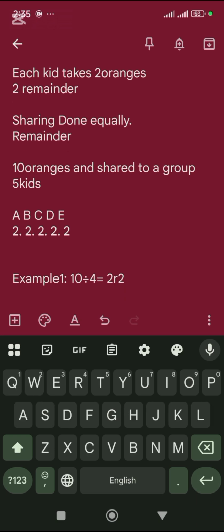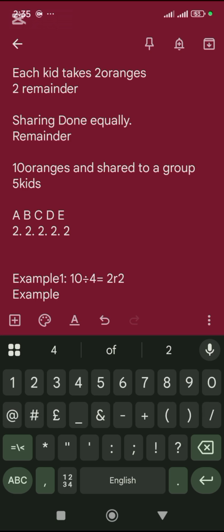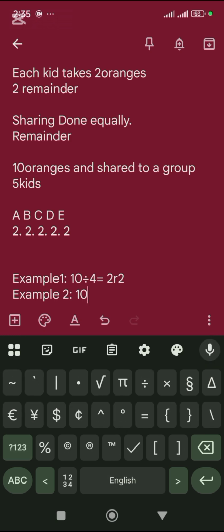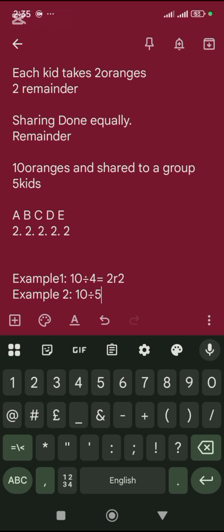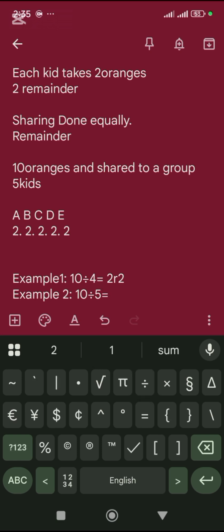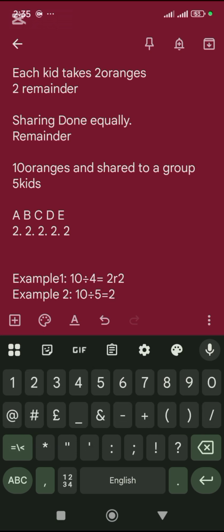While in the second example, where we had 10 divided by 5, the answer is 2 without remainder. So this is exactly how division is done.